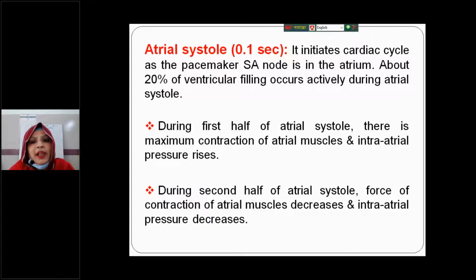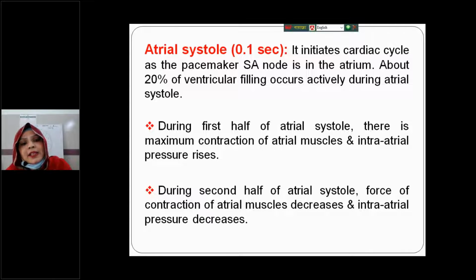Always remember that: the right atrium alone does not work and the left atrium alone does not work. They always work simultaneously. At a time, from the right atrium blood goes towards the right ventricle, and at the same time from the left atrium blood goes towards the left ventricle.